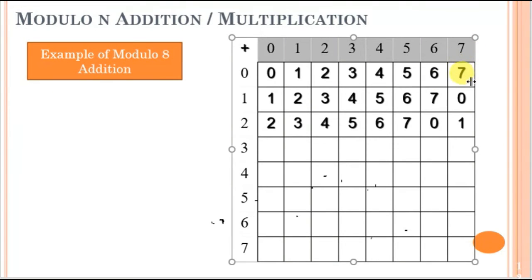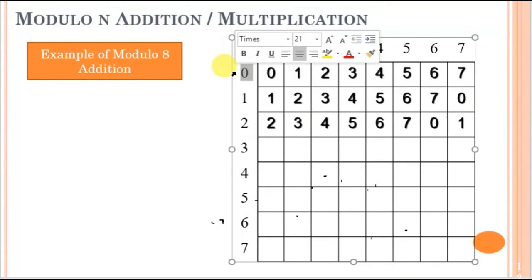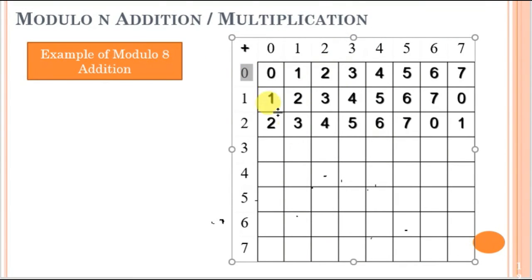So 7, 6, 5, 4, 3, 2, 1 and 0. The top row is similarly matched with the first row of this table. So this element is called the identity element. It means 0 is the identity element of this table.